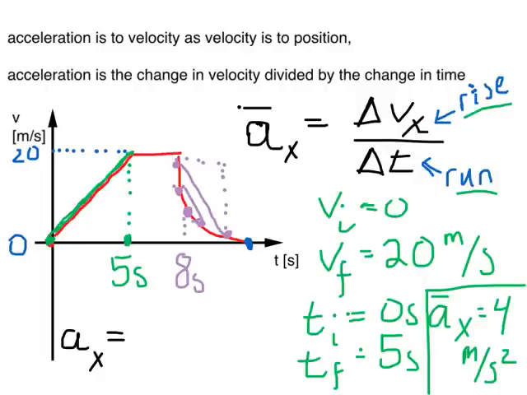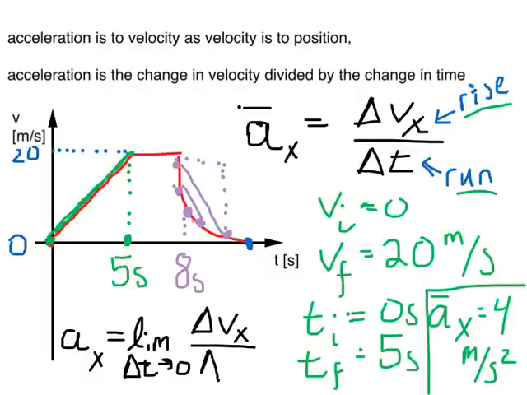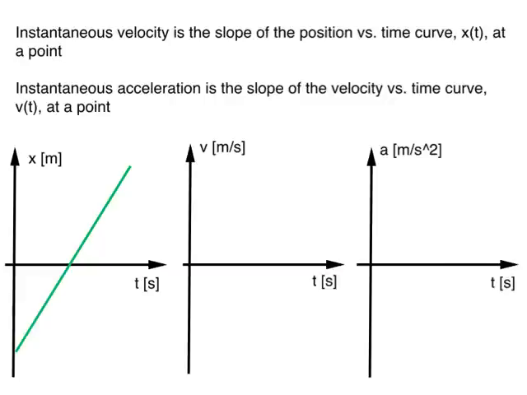So that's just going to be, again, we'll use this limit notation. We're bringing our 2 times closer and closer together, so the delta t is getting closer and closer to 0. And we're measuring the change in the x velocity over the change in time. Now let's try putting everything together. We know that instantaneous velocity is the slope of a position versus time curve, which we can write mathematically as x of t.